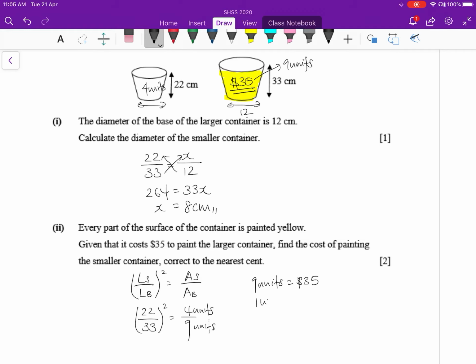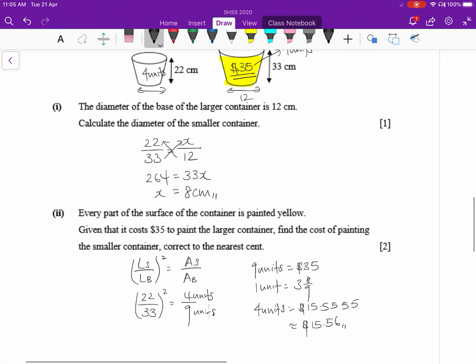I need to find 4 units, so I find 1 unit first. 35 divided by 9, which is 35 over 9, and I find 4 units. I can leave my answer to the nearest cent, which is 15.5555. And then nearest cent would be 15.56.